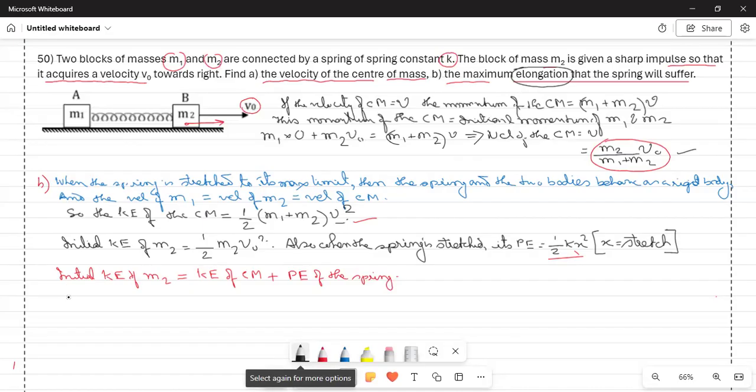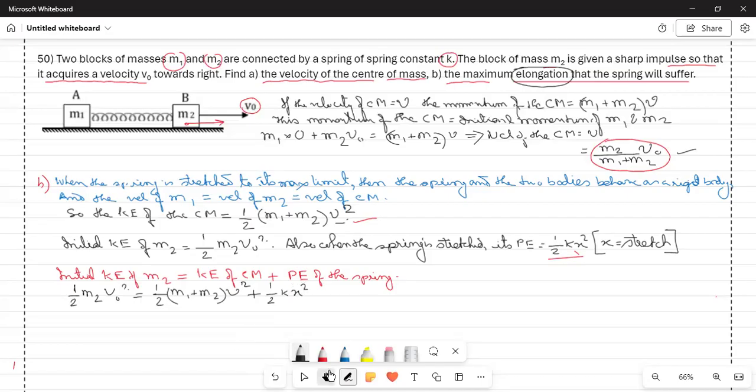First, initial kinetic energy of M2 is half M2 V0 square, is equal to kinetic energy of the center of mass, half (M1 plus M2) v square, plus half K X square.